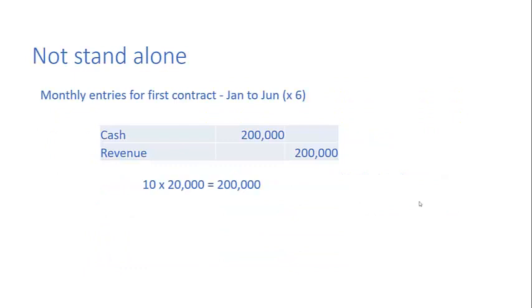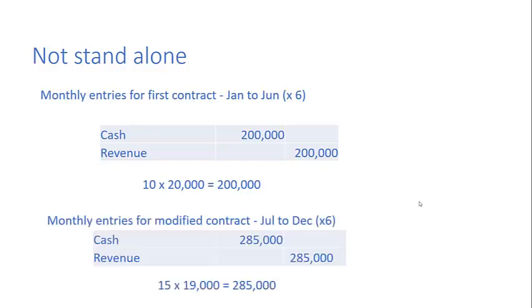So in terms of what the accounting looks like, what we'd have to recognise would be the initial recognition of revenue under the first contract, 10 cars at $20,000 per car for 6 months. So from January to June, we'd recognise revenues of $200,000 per month. And for the remainder of the year, we'd recognise the journal entries for the second/modified contract, which is for 15 cars, 10 under the initial contract and 5 under the modified contract.